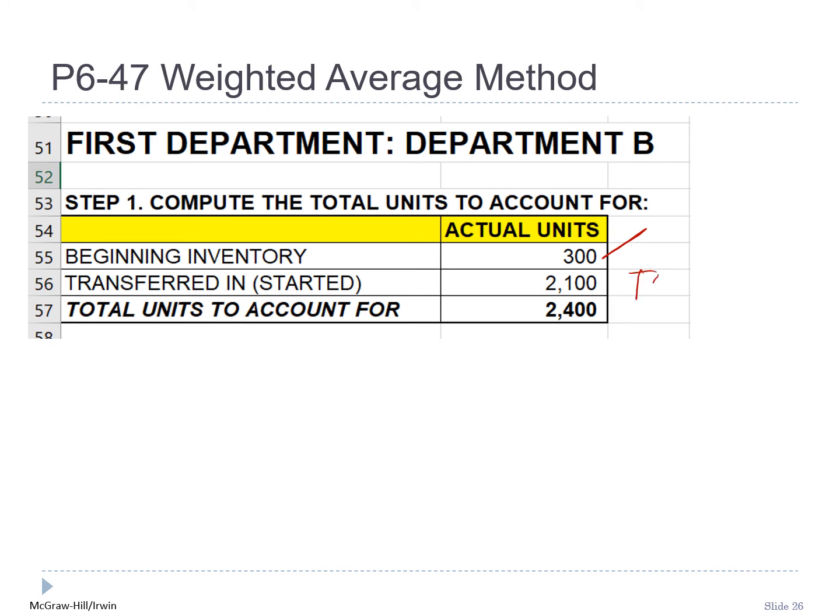That's the transferred out of Department A. Kasi 100% complete na siya sa Department A, lipat siya sa Department B. So, therefore, ang total units to account for natin is 2,400, which is the sum of this 300 plus 2,100. So, yung 2,100, yan yung started ng Department B.